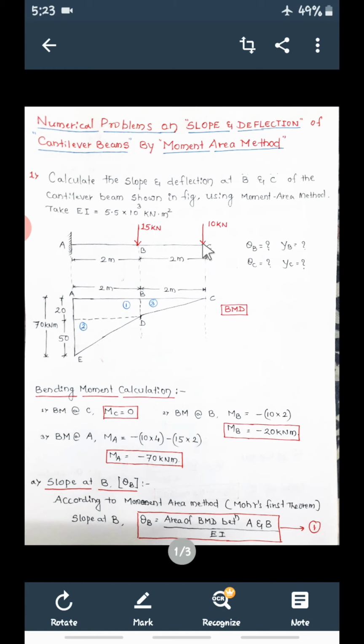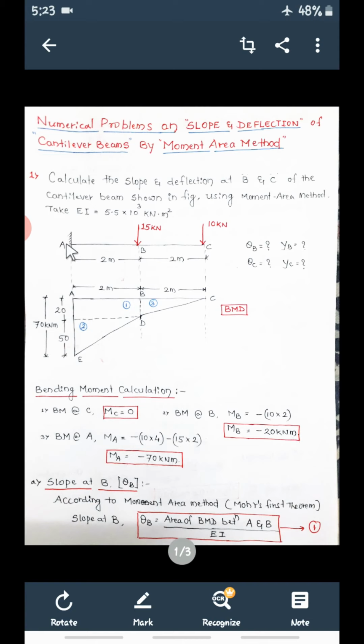This comes down, so the beam portion BC is hogging, so it is minus. So bending moment at B is equal to minus 10 into 2, and the 15 into 0 contributes nothing. So bending moment at B is equal to minus 20 kilonewton meter.